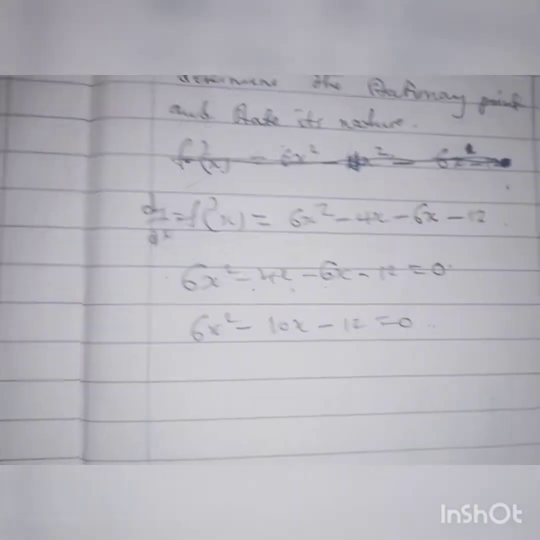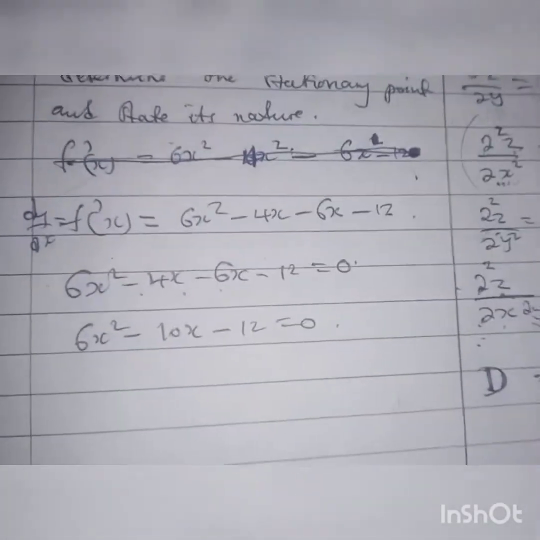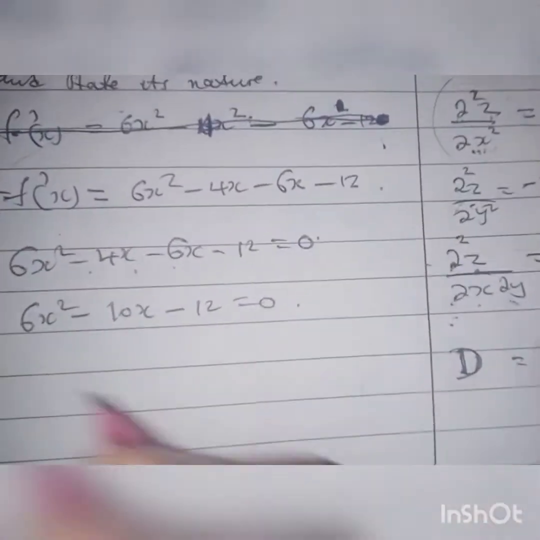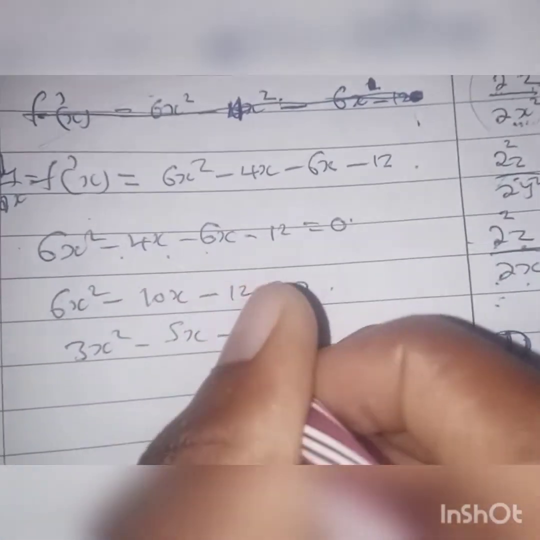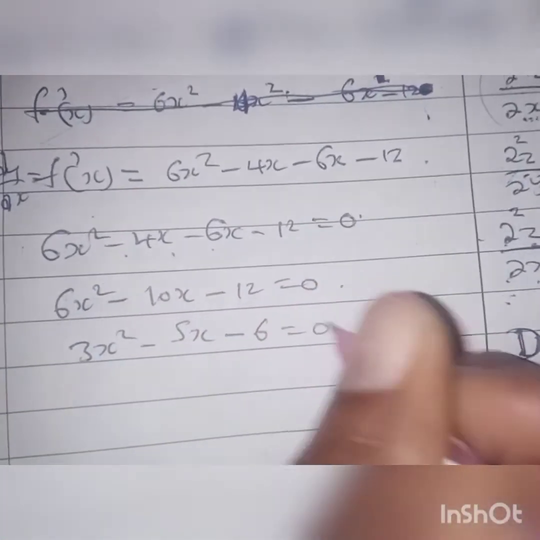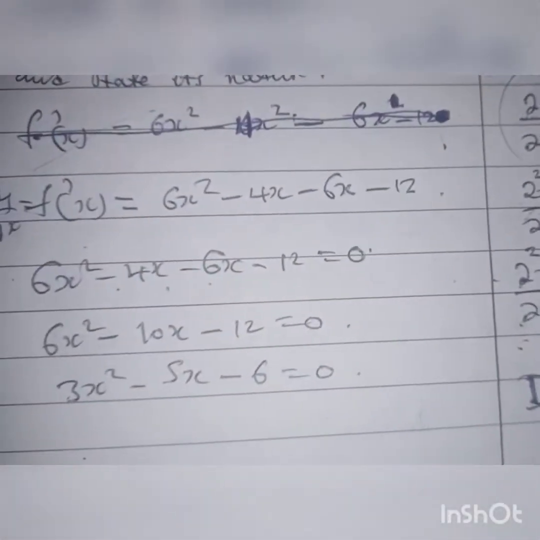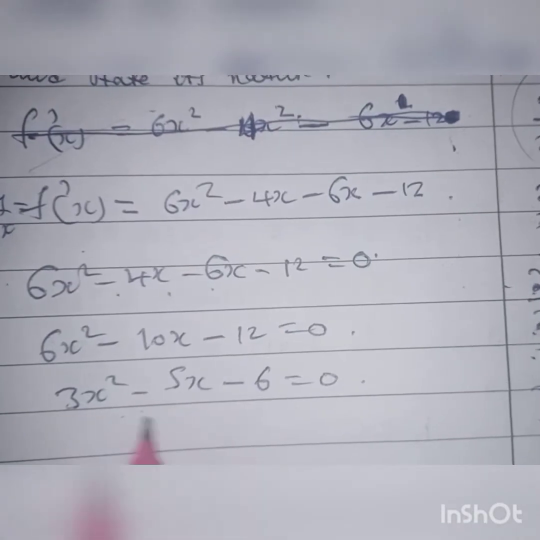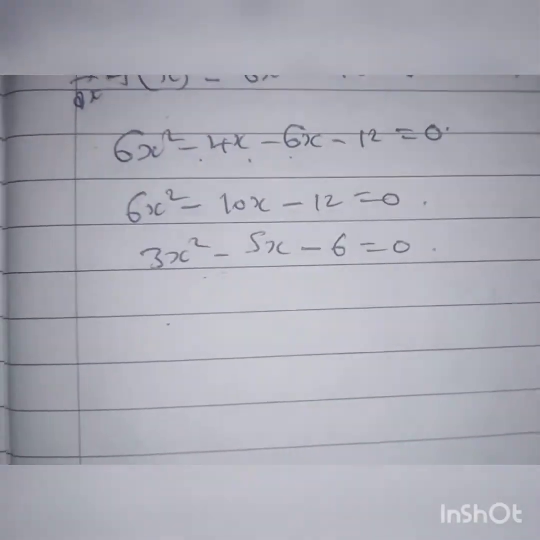Finally, we can simplify that function by dividing by 2, so it will be 3x squared minus 5x, then minus 6 equals 0. Can we use the product and sum rule to solve that quadratic equation?